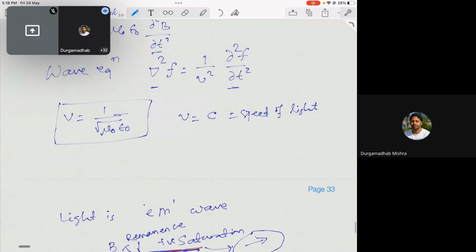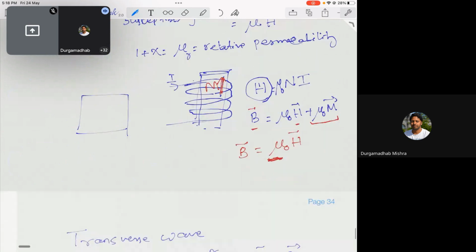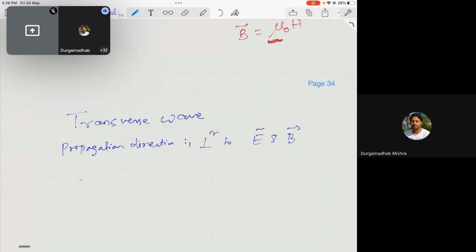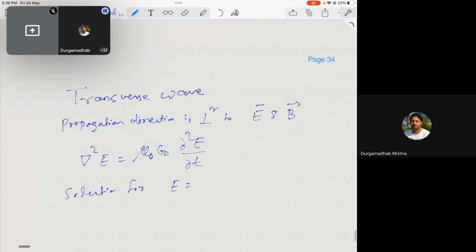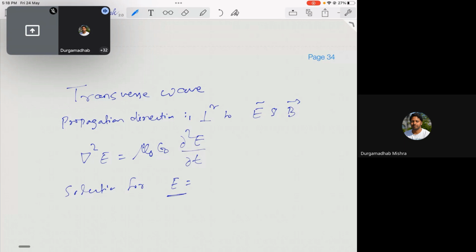You have to be careful about this, because many times you will see me solving for this wave equation. In this case I'm writing it E, but it can be any function. So now I find a solution for this function and write down that function. But whether that solution is an electric field or not will be decided separately.